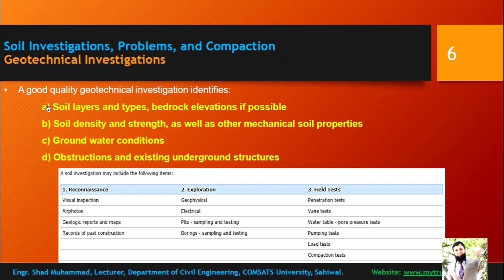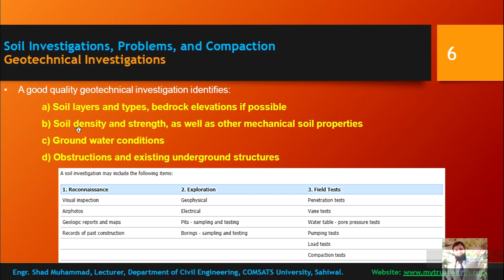Soil layers means how the soil layers are distributed, divided beneath the surface, and the types of soil which are deposited there, and bedrock elevation, at which depth there is bedrock, soil density and strength, as well as mechanical soil properties.